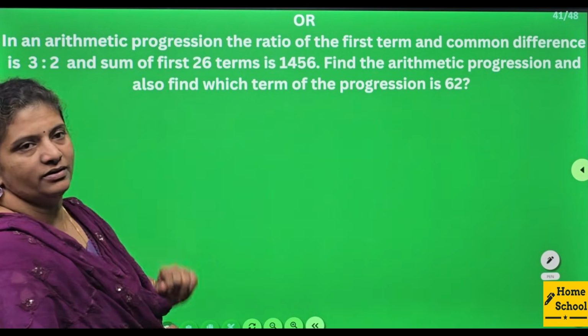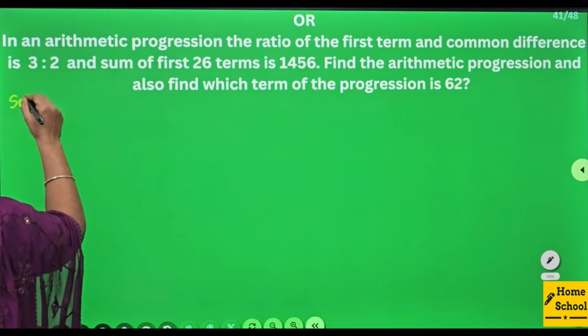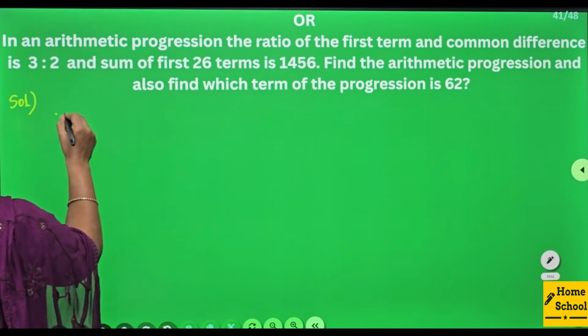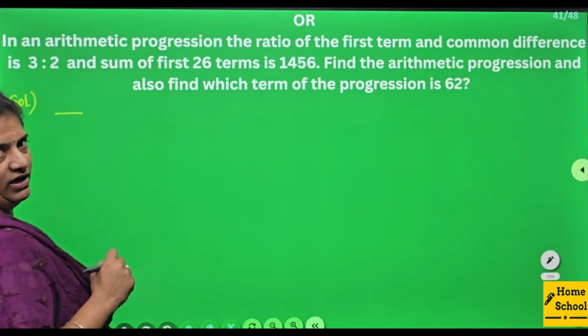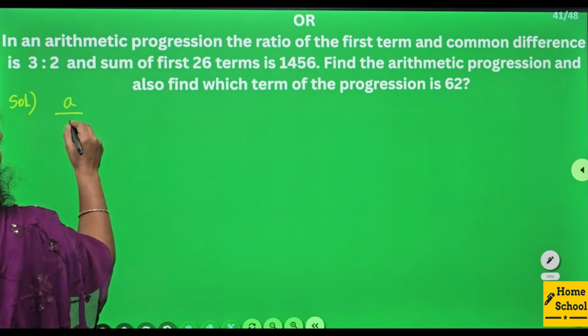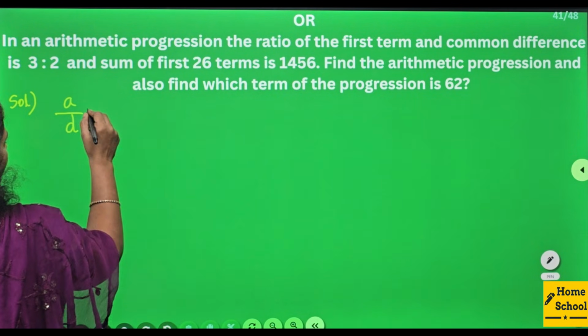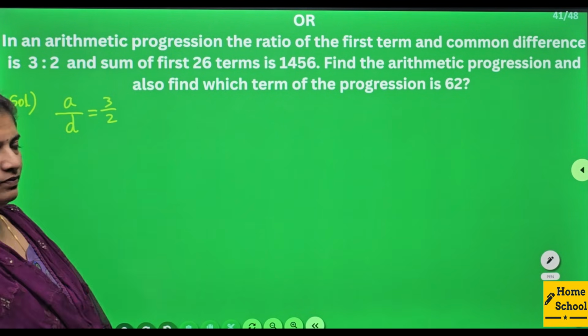In an arithmetic progression, the ratio, what is that? The ratio of first term and common difference. First term is denoted by the letter A, common difference small d is equal to 3:2.